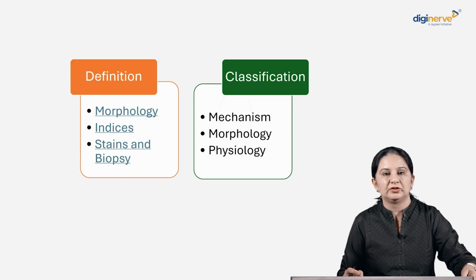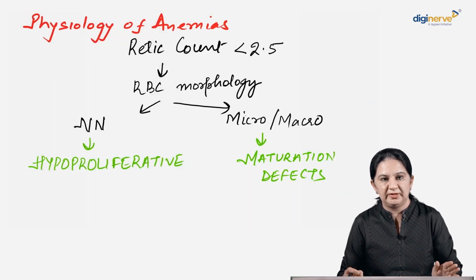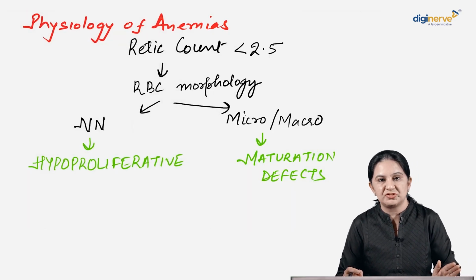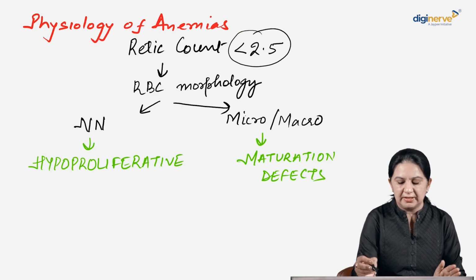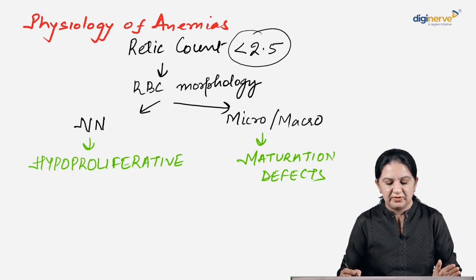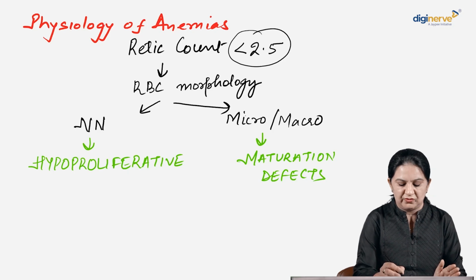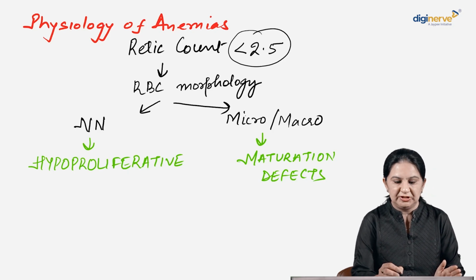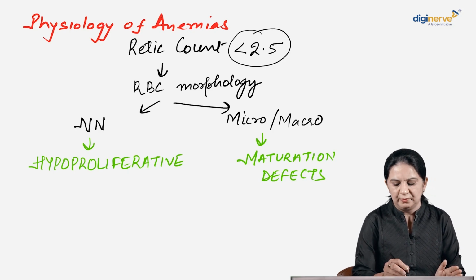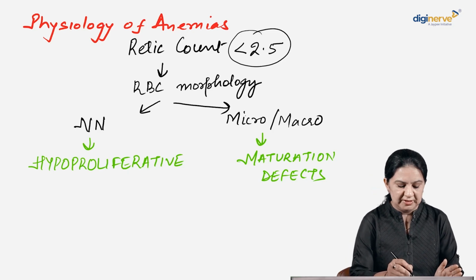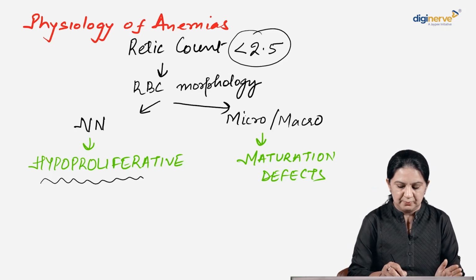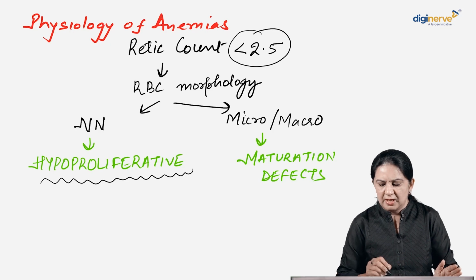Coming to the physiology. Here the most important factor determining the physiological classification is the retic count. If the retic count is less than 2.5, you check for the RBC morphology. RBC morphology could be either normocytic, normochromic or microcytic, macrocytic. The normocytic, normochromic anemias are basically all the hypoproliferative anemias.